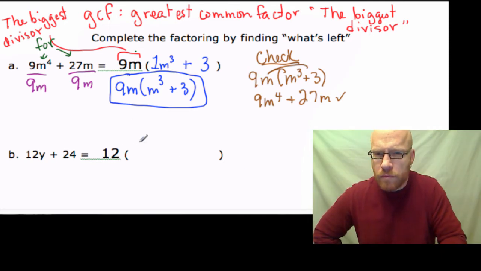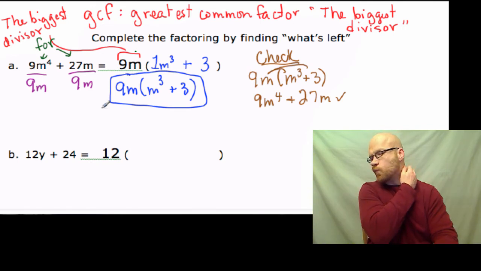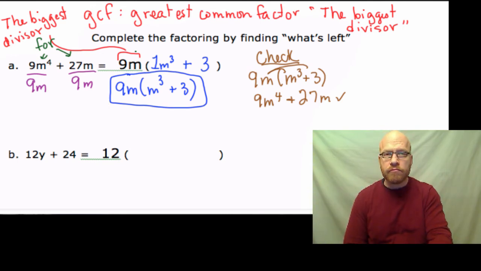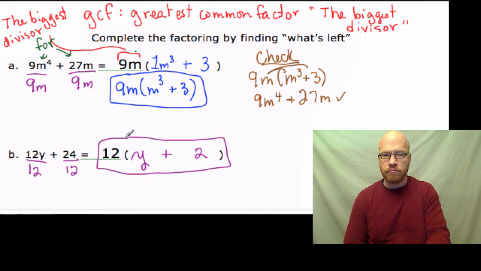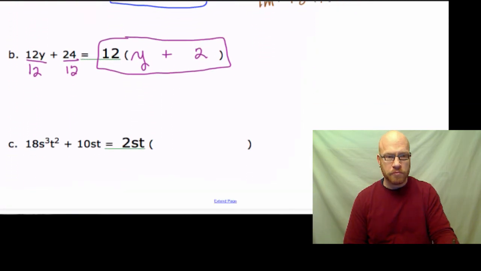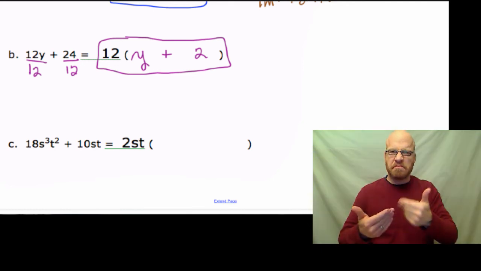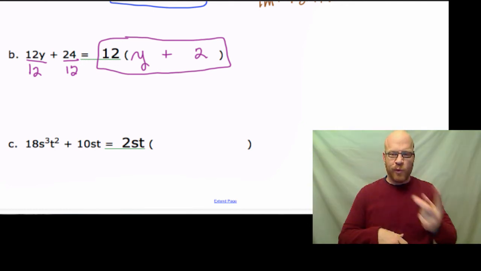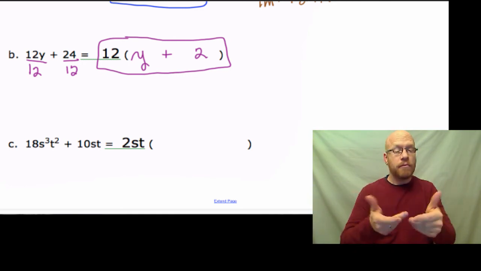Now to example B. Okay, that was a pretty simple example. 12 divided by 12 is 1. 24 divided by 12 is 2.